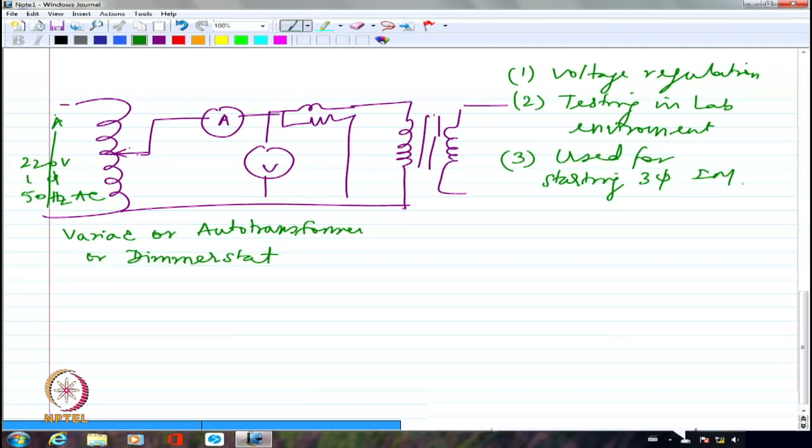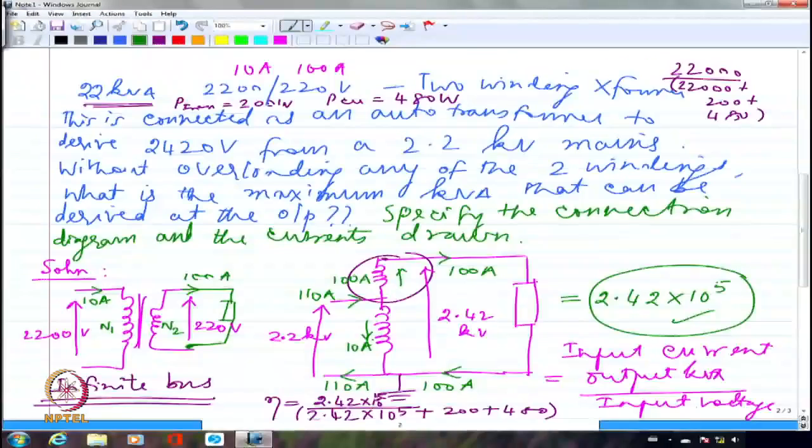Let us try to work out maybe one problem. The question was, how do you find the current direction? 10 ampere, how do you know whether it is going from up to down or down to up? Basically, we had calculated the kVA.